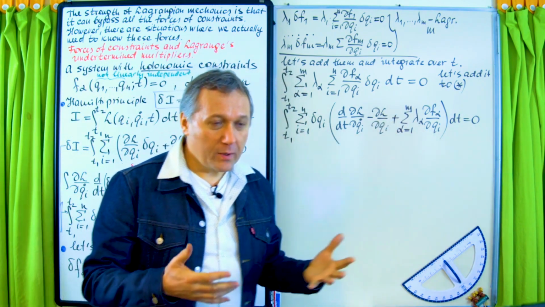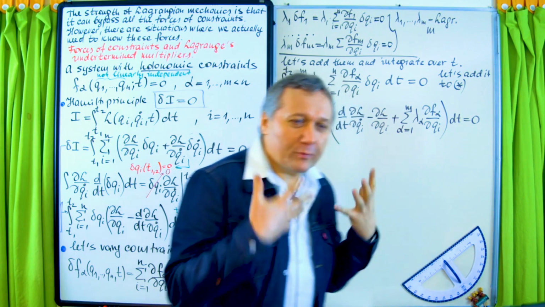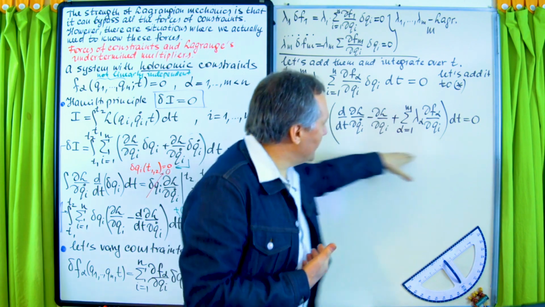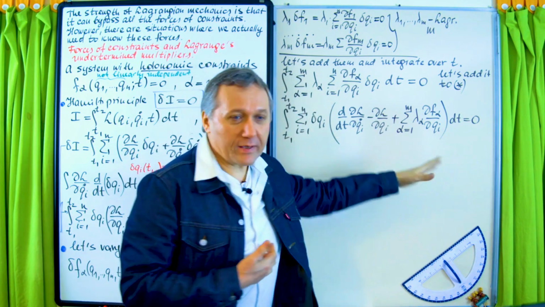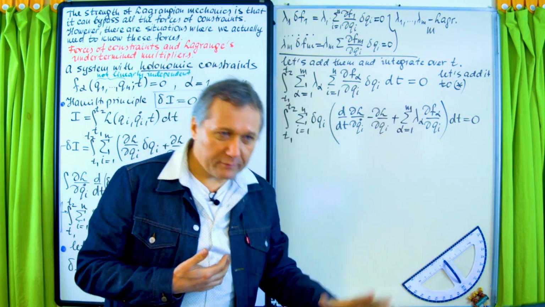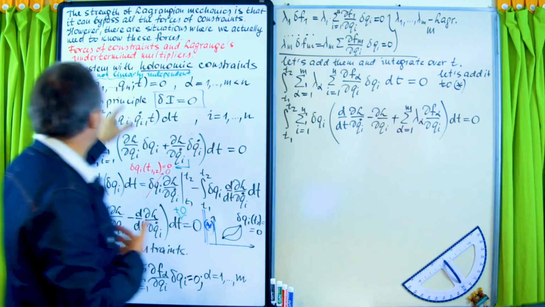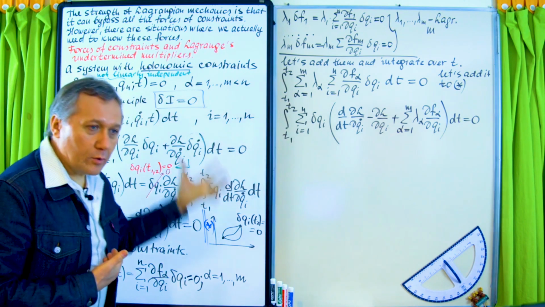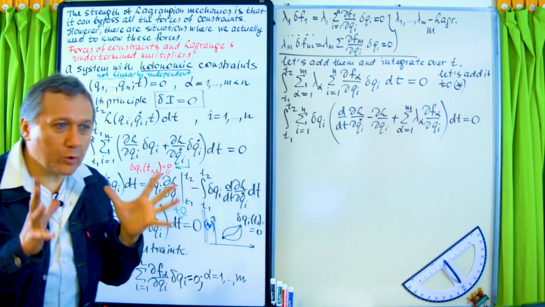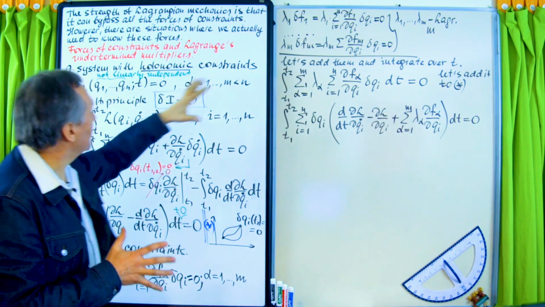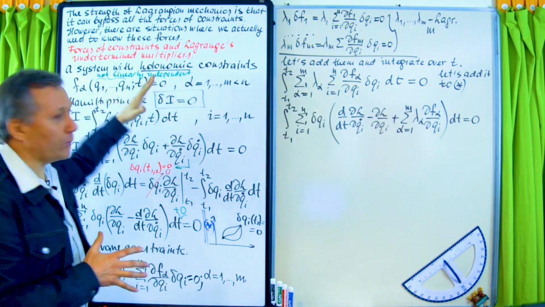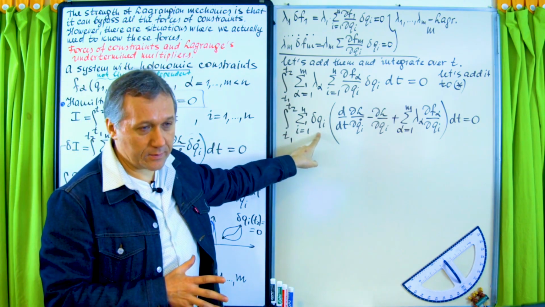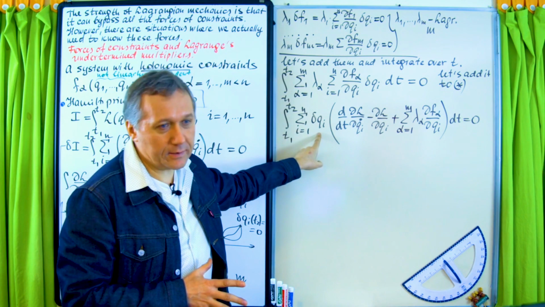So now, of course, it looks like we want to say, since it's 0, maybe this bracket must be 0. But we have to be careful, because you remember what I wrote here. These q's, q1 and all the way to qn, are not linearly independent. We keep all coordinates. Although we know that there are m constraints, we still keep all coordinates. So these variations, as a result, are not linearly independent.